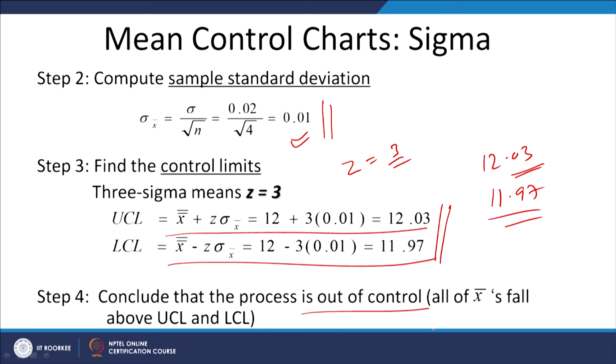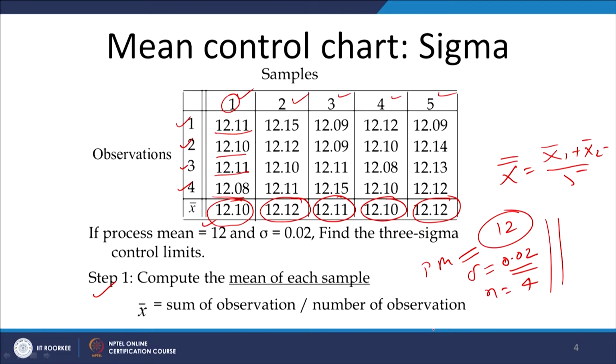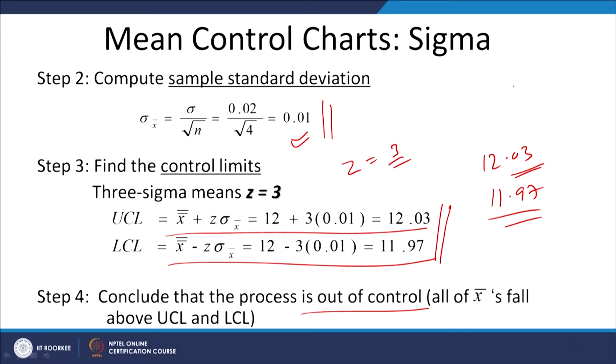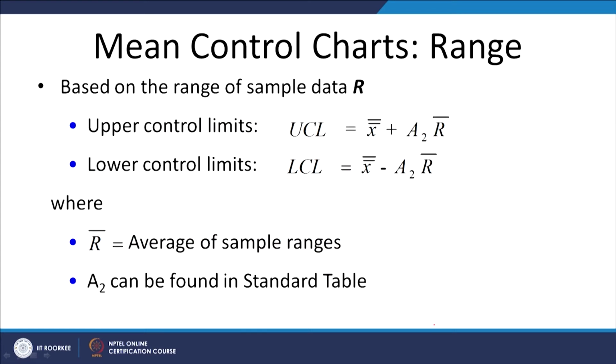So, upper control limit is 12.03. If we determine the x bar for sample 1, it is 12.1, which is higher than the 12.03, likewise the other values are also higher than the 12.03. So, since all the x bar values for the different samples are falling beyond the upper control limit, the process is out of control.